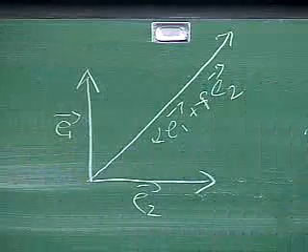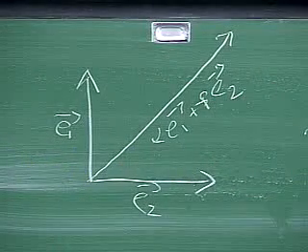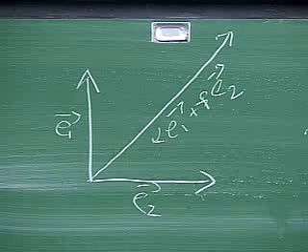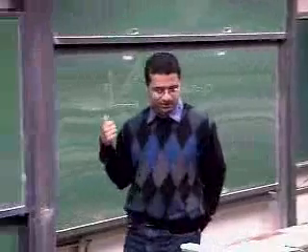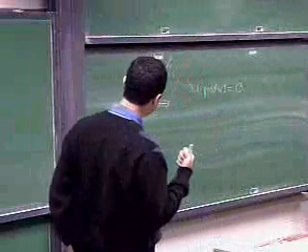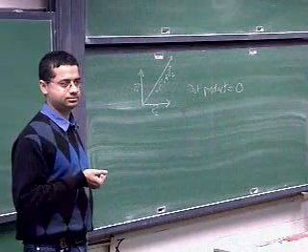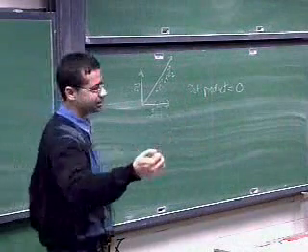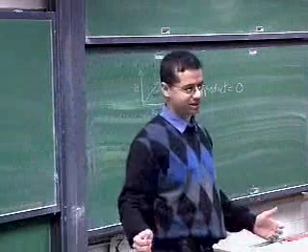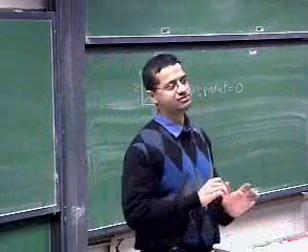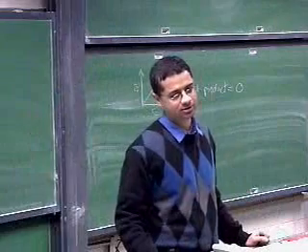Now this concept is used in CDMA. In CDMA each user is assigned a vector. So all of us have been assigned a vector in a space, and all of these vectors are mutually orthogonal.